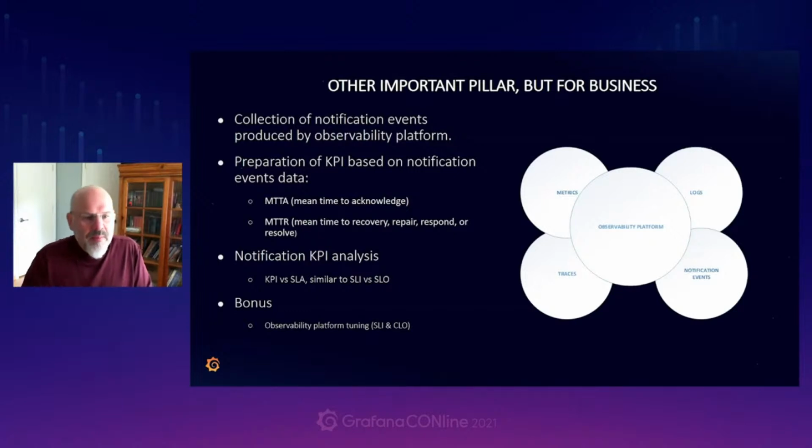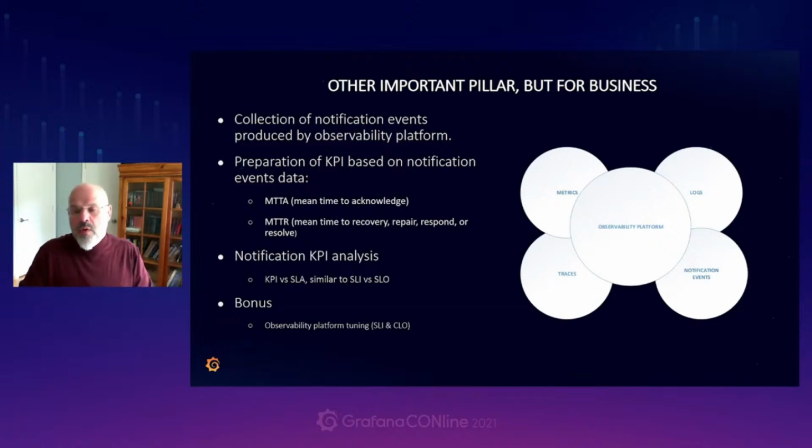And besides, it's very important, as there are service level indicators and service level objectives. This is a part of the general observability approach. KPIs, in this case notification events such as mean time to acknowledge and repair, can be compared to SLA.